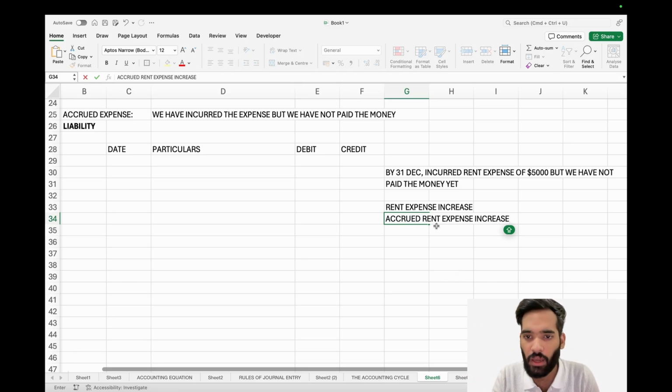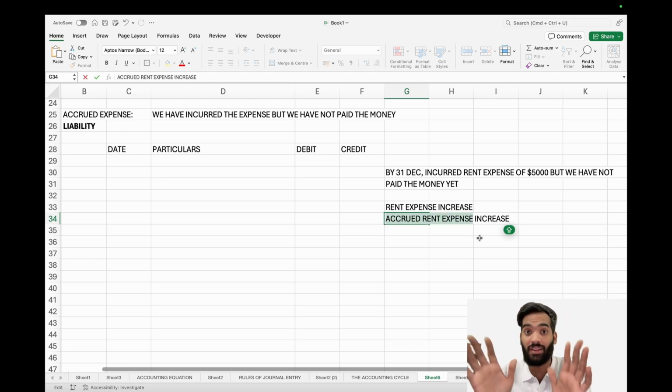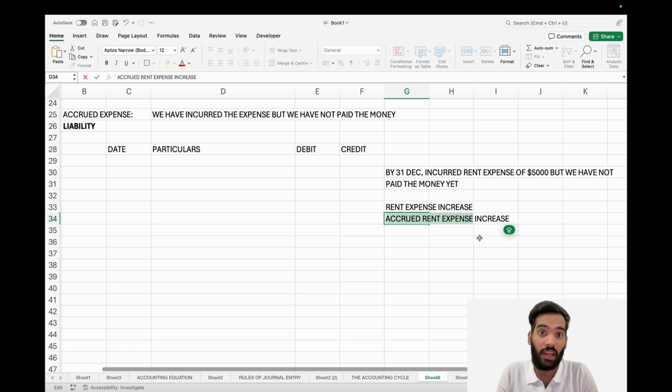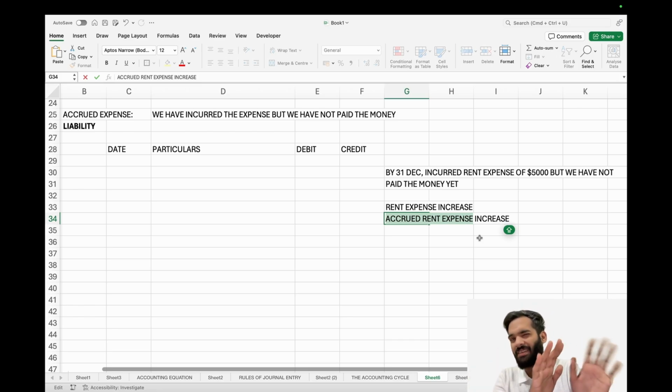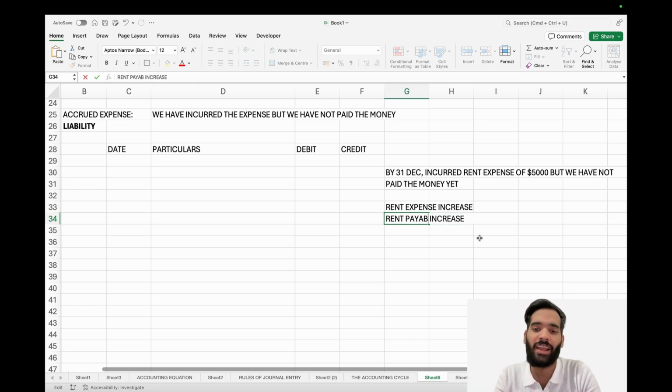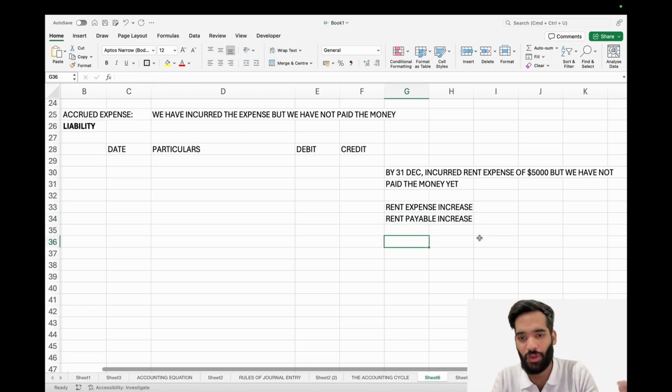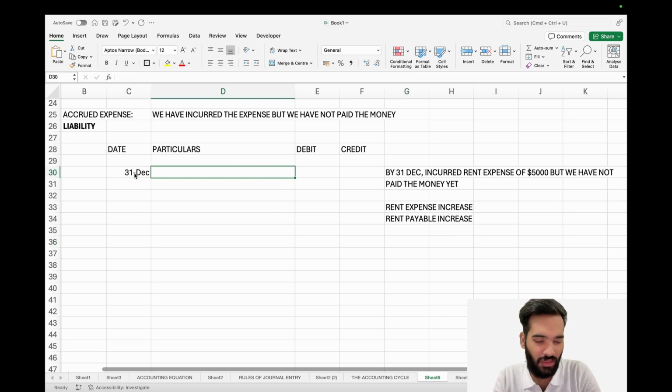Accrued rent expense increase is the correct thing to say, and you can make the entry with that. It's accepted all over the world, except in the US and Canada, where usually they say to use rent payable to suggest what's actually going on in an easier way. So I hope you get the point. It's not a necessity to do it this way unless you are in the US or Canada.